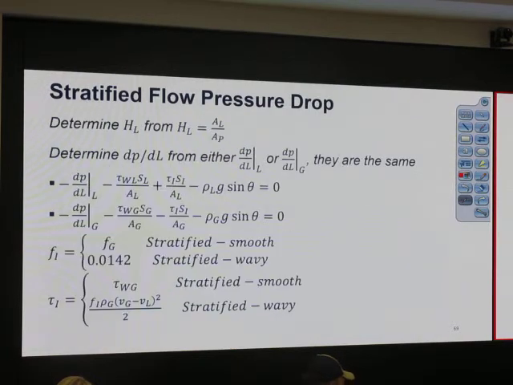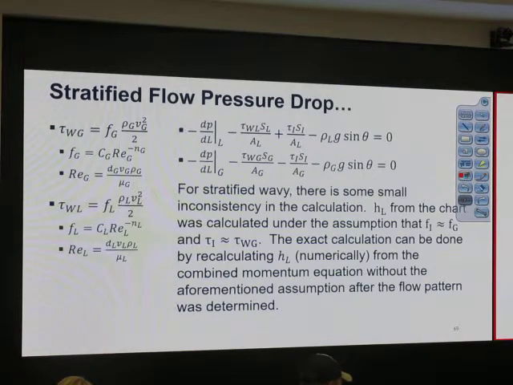For stratified flow, the friction factor at the interface, f sub i, comes from closure relationship. So what I try to tell you is, in each pressure drop prediction, even if it is a mechanistic model, there are some parameters that cannot be predicted, and they have to come from closure relationship.